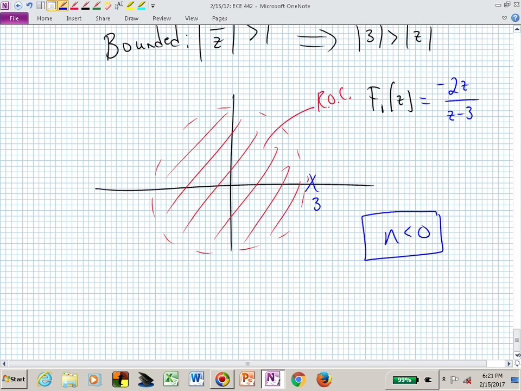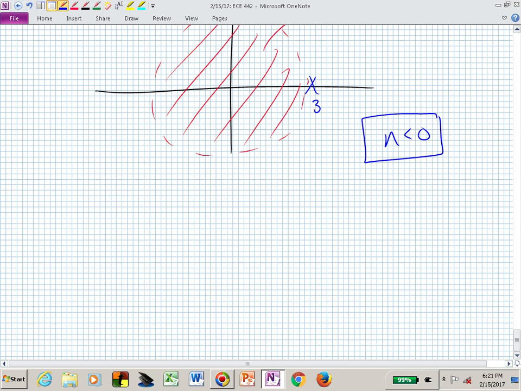Questions on that? So now we have a region of convergence interior to one of our poles, but we still have a second piece to this z transform.